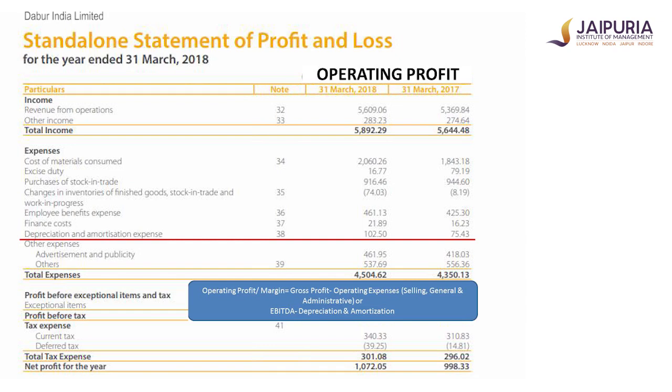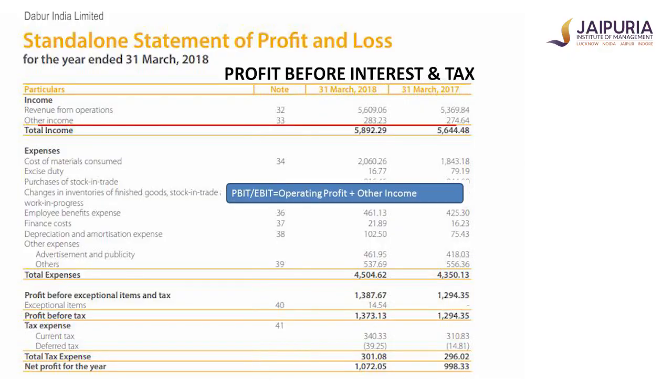Till now we have discussed operating profit. Now coming to EBIT again. Though EBIT and operating profits are used interchangeably, there is a slight difference. So what is the difference between operating profit and EBIT? In the previous concept, I told you that operating profit is equivalent to EBIT. But no, there is a slight difference.